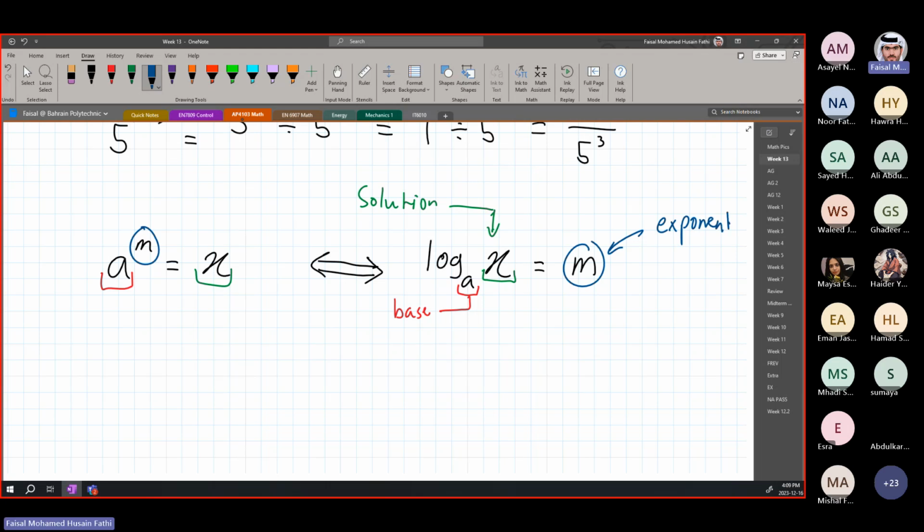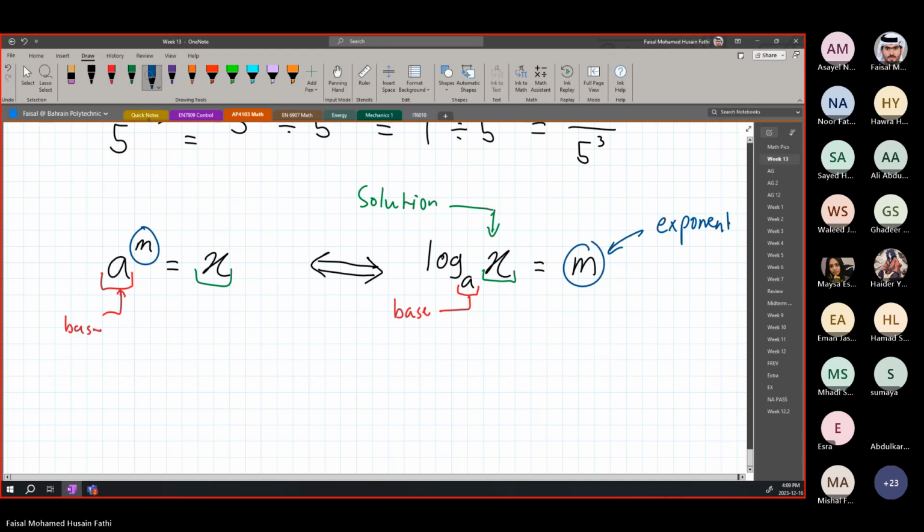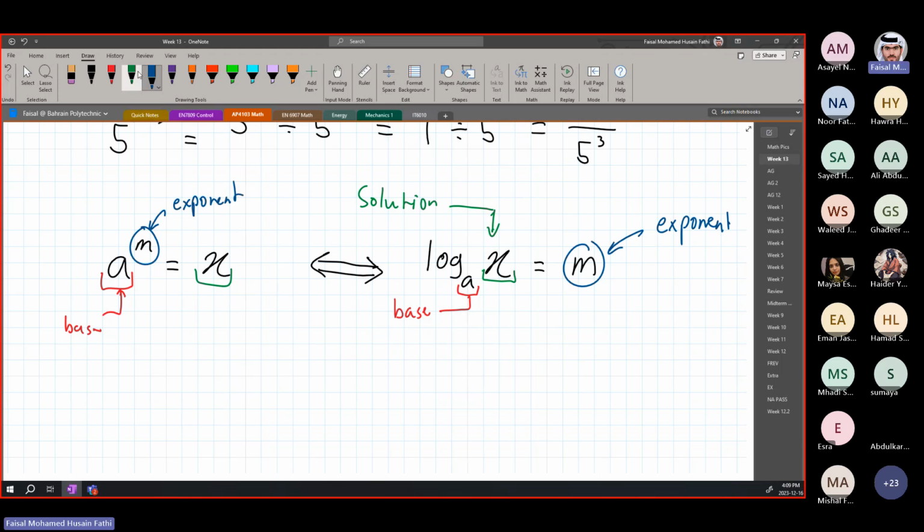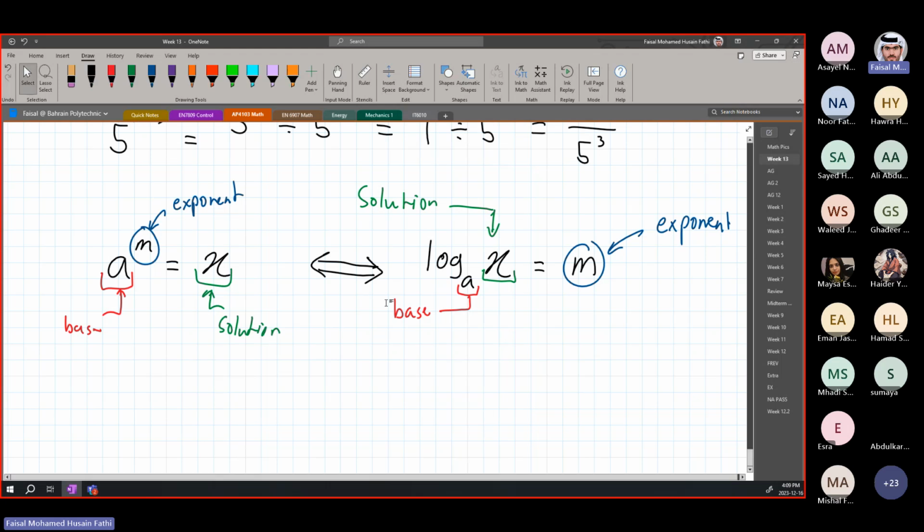This is the whole concept of log. ان احنا هني in an exponential form يكون عندنا base to the power of exponent. It gives us the solution. في حالة اللوج العكس يستوي. يكون عندنا البيس this base A and we have the solution but we need to find the exponent.